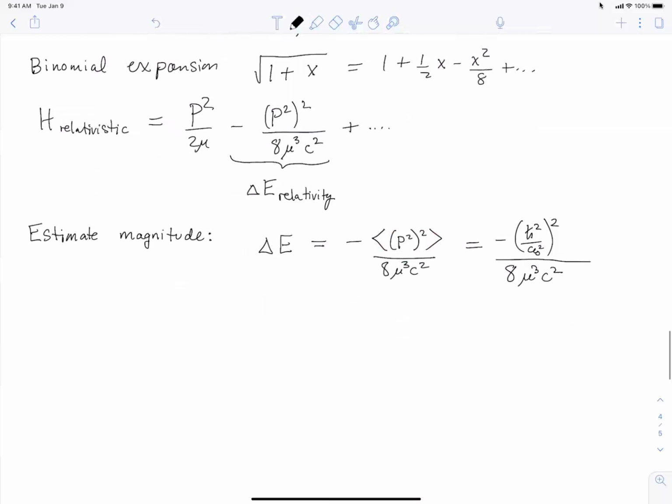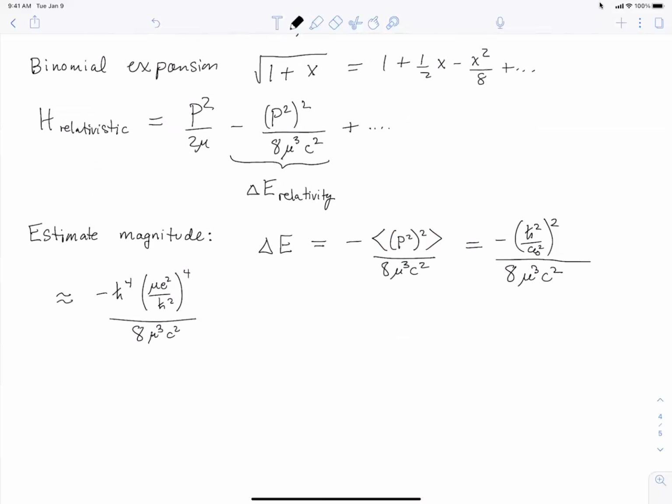And so now we can rearrange this. We can write it as minus h bar to the 4th times mu e squared over h bar squared. I'm putting in the Bohr radius there. That's to the 4th power over 8 mu cubed c squared.